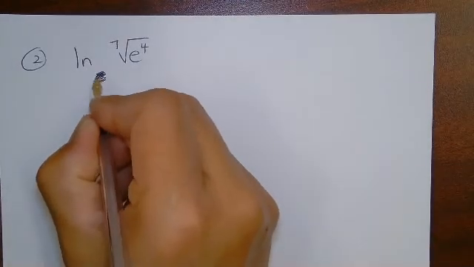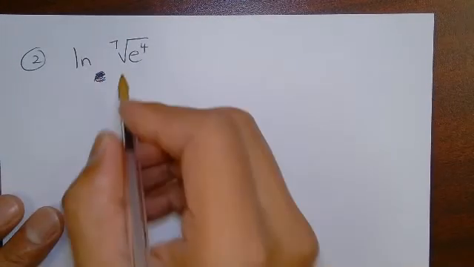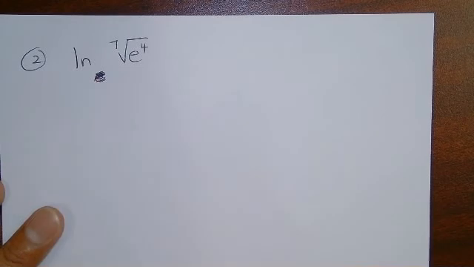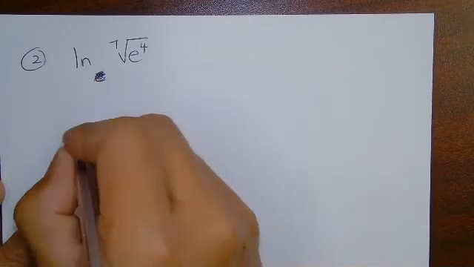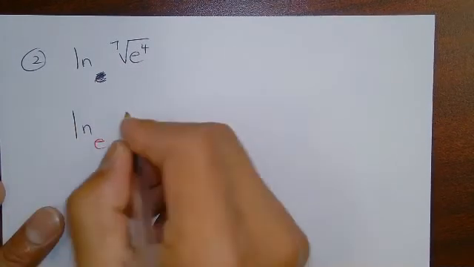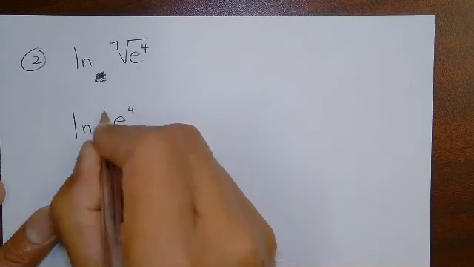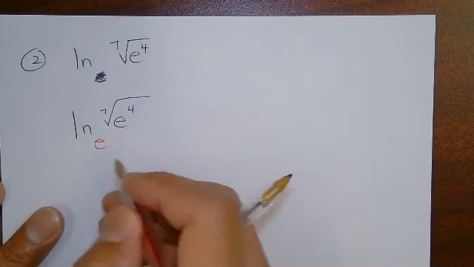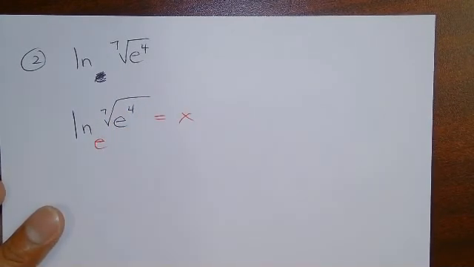Remember, they don't even write the base e. For natural logarithms, they don't have to write the base. But when you write this in exponential form, you do have to include this base: the 7th root of e to the 4. So you're going to add this, and you're going to put equals x.